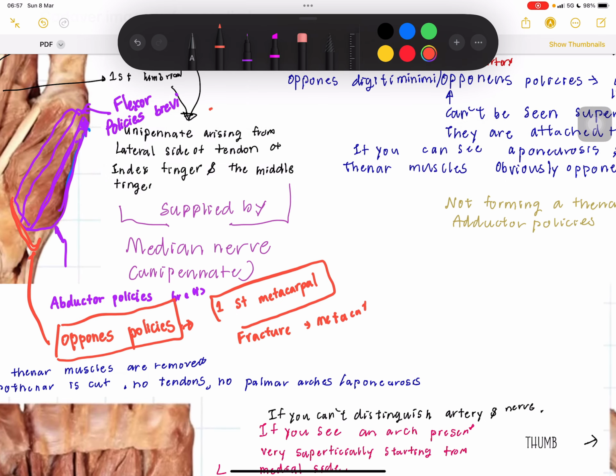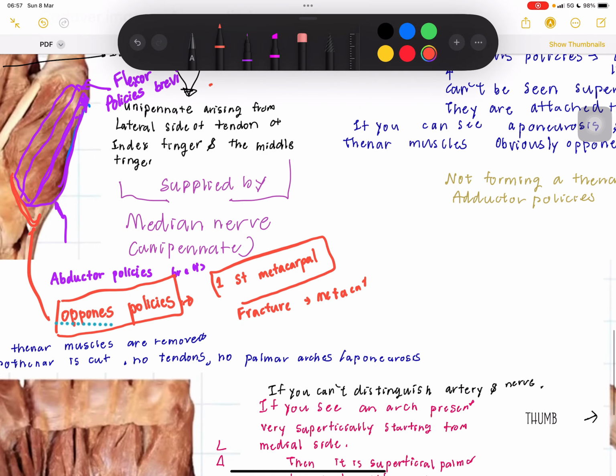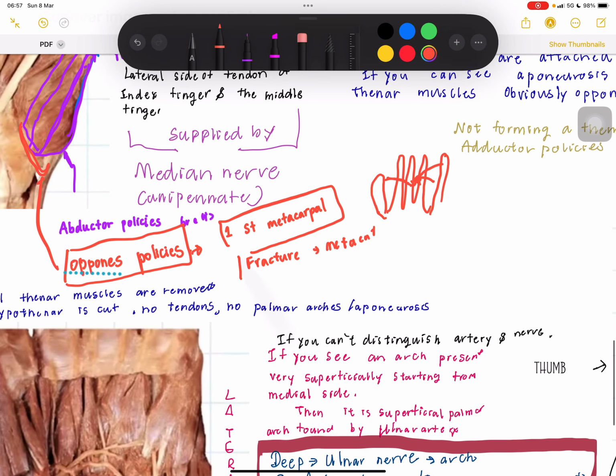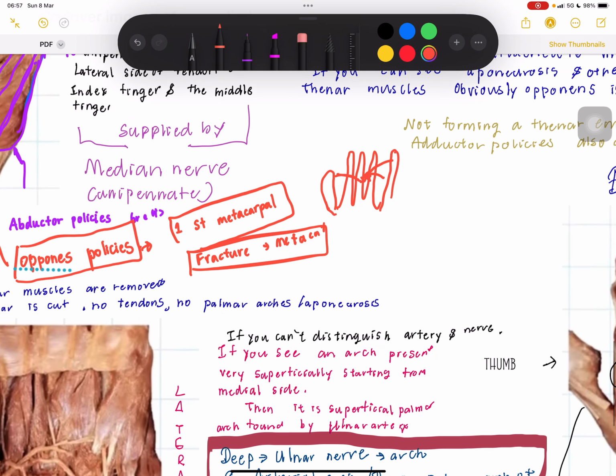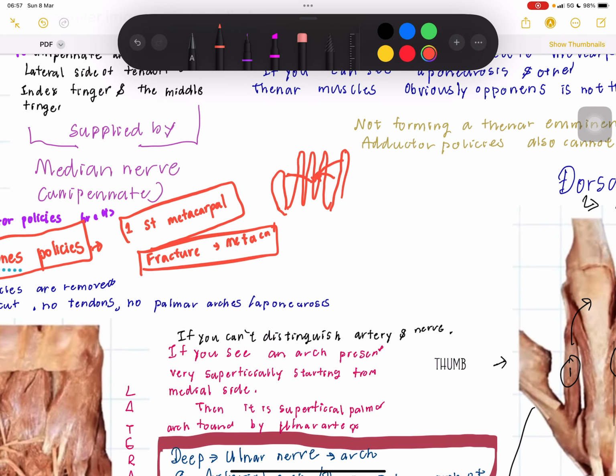This opponens pollicis is for opposing the thumb and little finger so they can touch each other, like this. So when there's a fracture to this first metacarpal, the opposition of the thumb will get impaired.